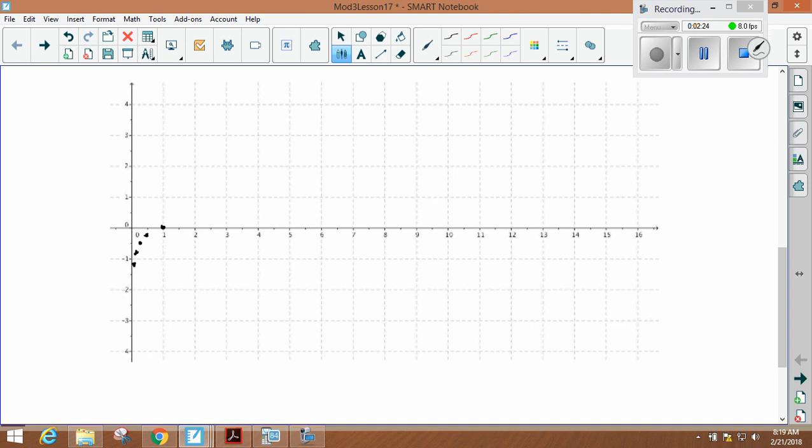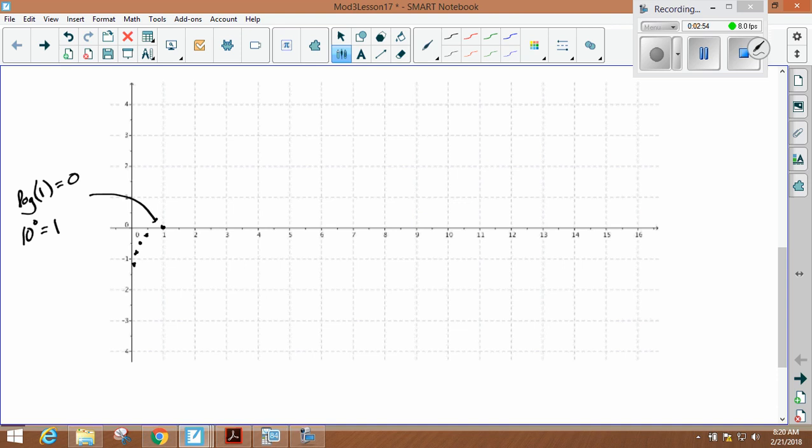if I plug 1 in, log base 10 of 1 is 0, right? Because 10 to the 0 power is 1. Here, let's point that out. This point right here tells me that log base 10 of 1 equals 0, because 10 to the 0 power equals 1.